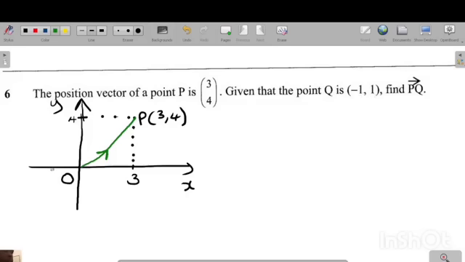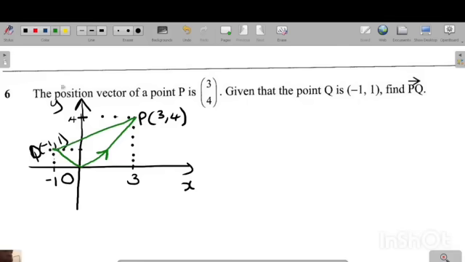So negative 1 is here, then 1 is here. So this is Q, negative 1,1. Again, you can connect from the origin to point Q. All right, so you can actually connect these two like this.